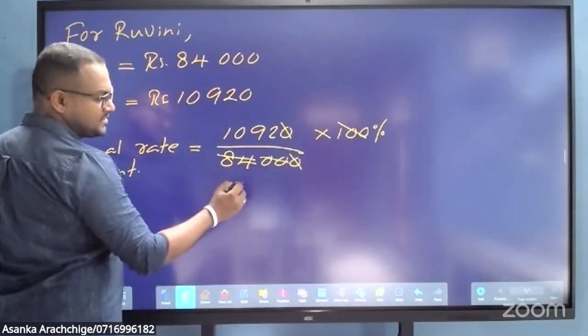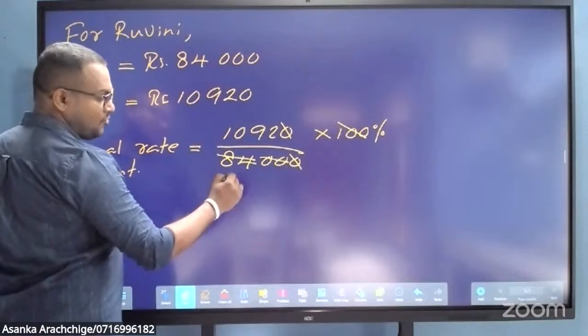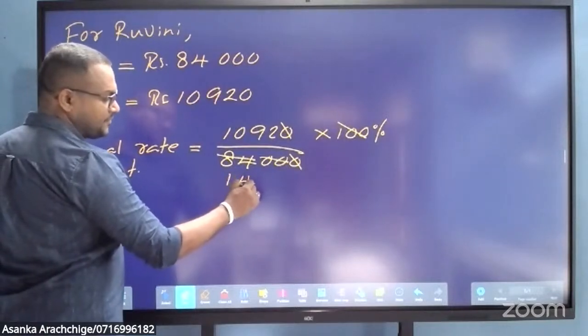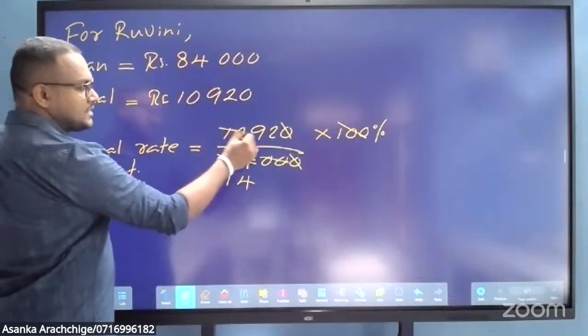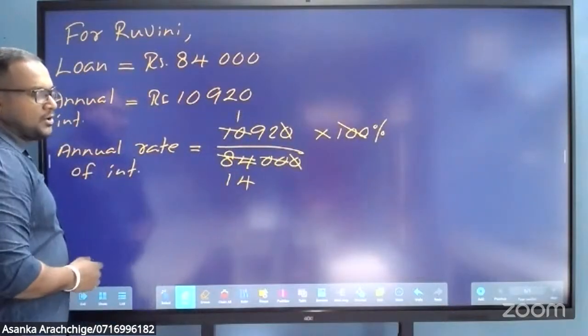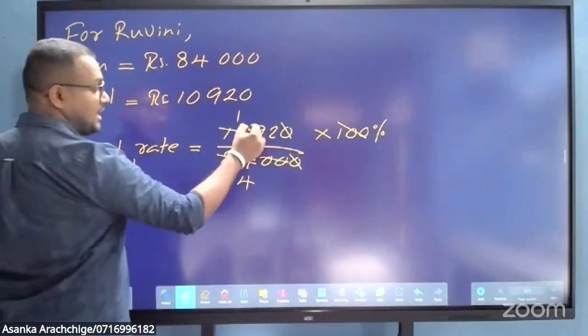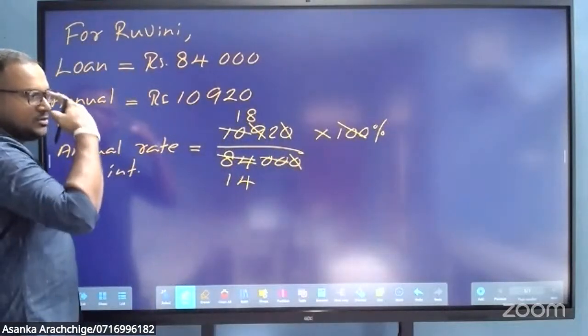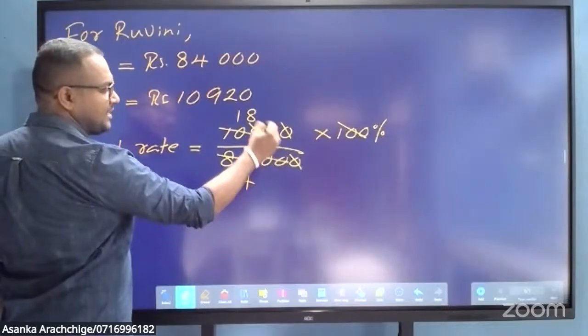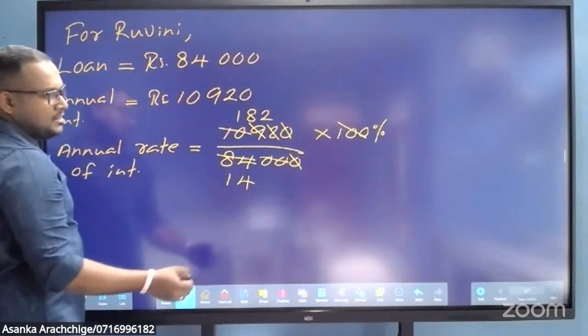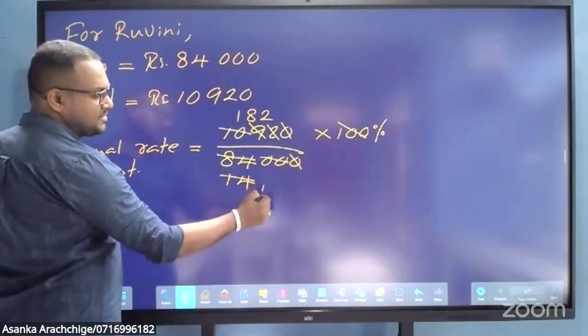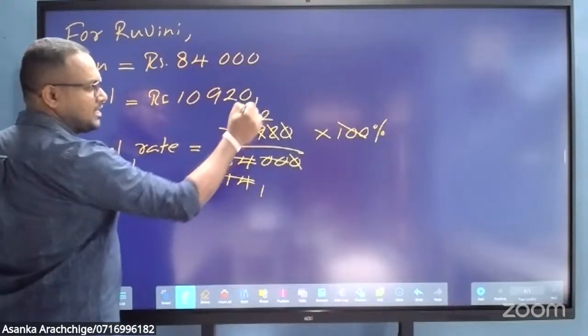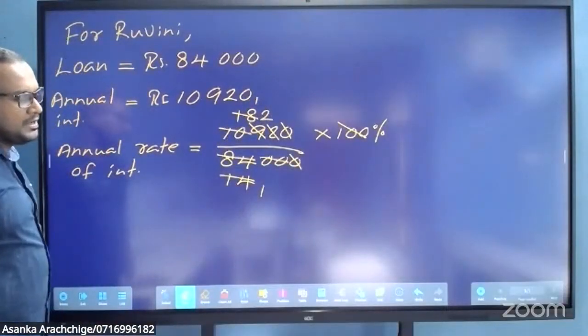6 times 1, 6 times 4, 24. 6 times 1, 6 and 4 remaining, 48, 49. 6 times 8, 48. Then 1 remaining, 1 and 2, 12, 6 times 2. Then 14 times 1, 14 and 4 remaining.